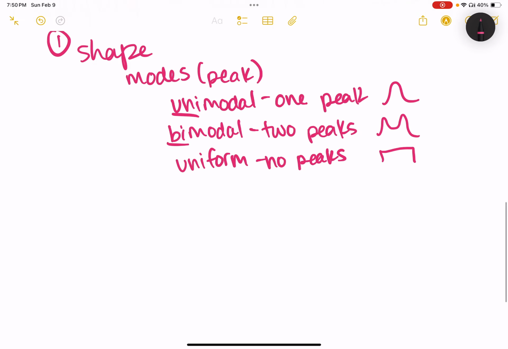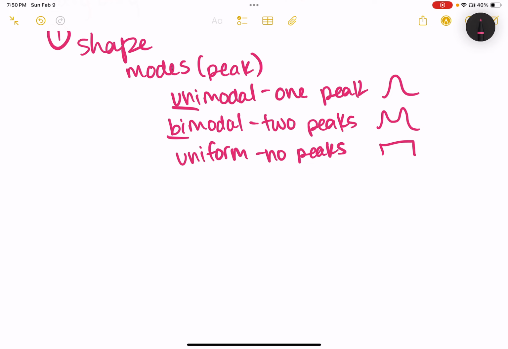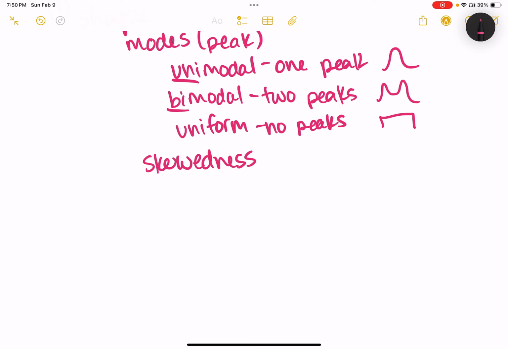So the next thing you want to look at is the skewedness. Let me just draw it out for you. Your data could be symmetrical, which is probably the most obvious. It's just evenly distributed around some central value.